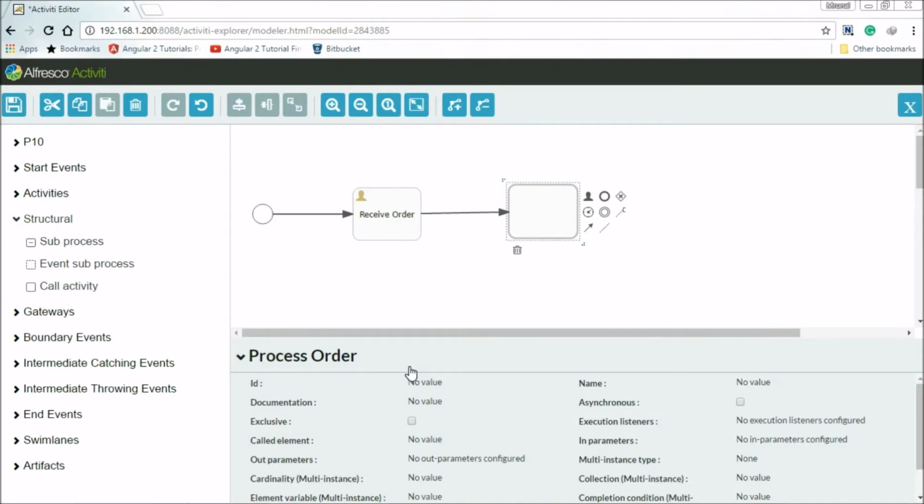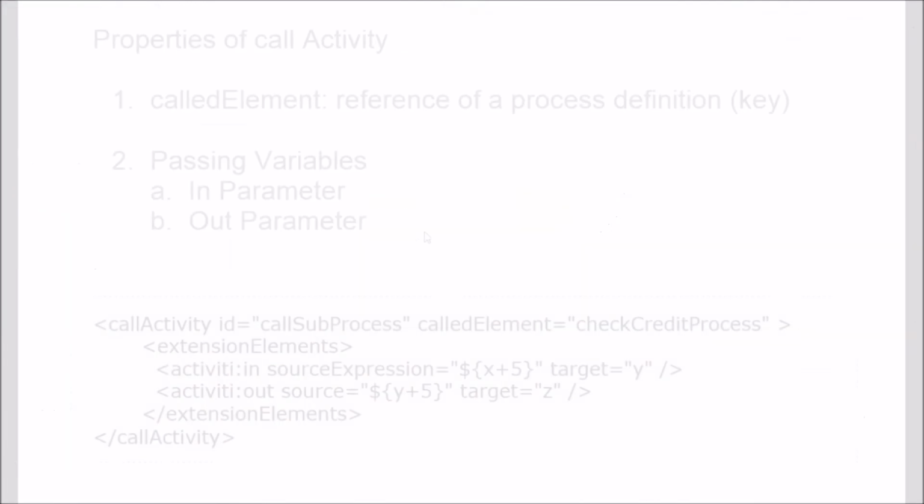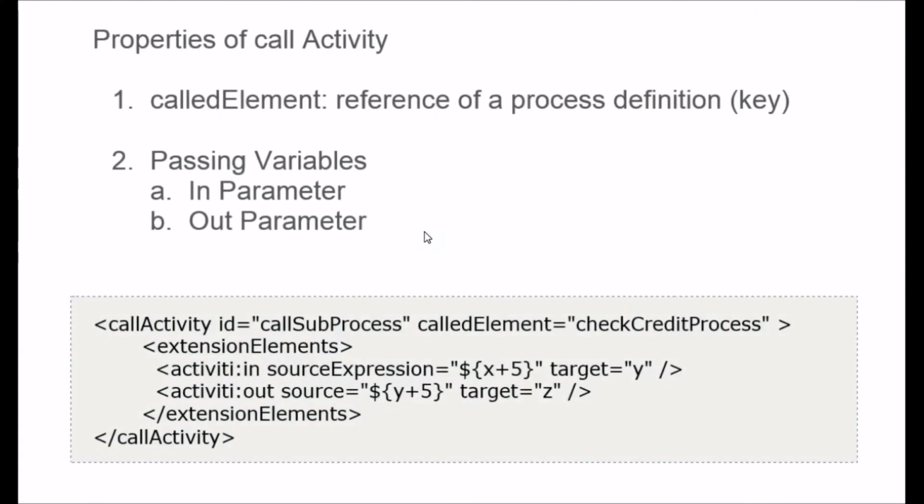So here are the properties that we need to understand to use call activity. Call activity requires some properties to be defined. The first property is called element.